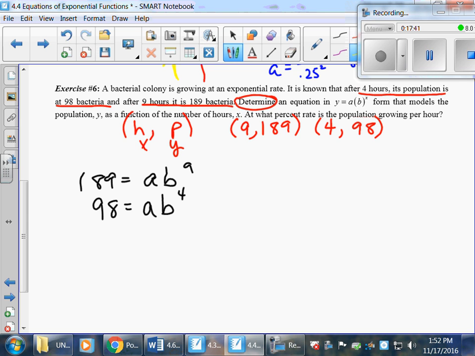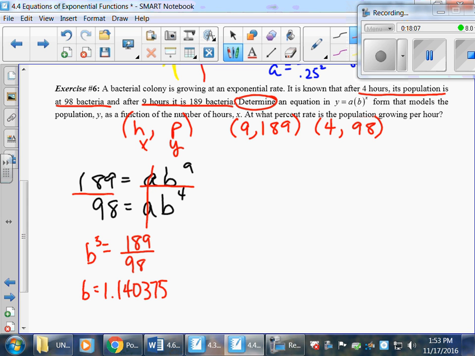And we simply divide these two. I always try to make sure that the exponent of my b is larger up on top. So once you're done with this, the a's cancel out, and you get b to the 5th is equal to 189 over 98, which turns out to be a really big number. But I'm going to write down the whole thing because rounding too soon is a problem.